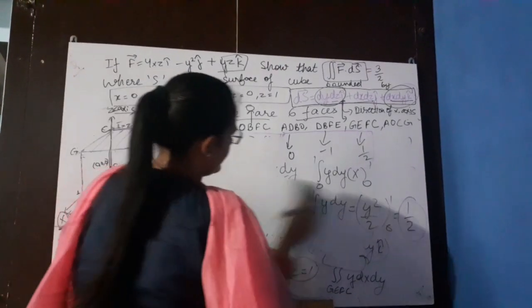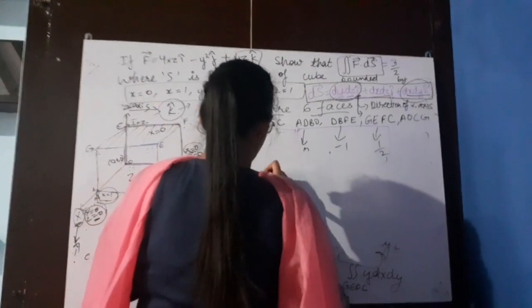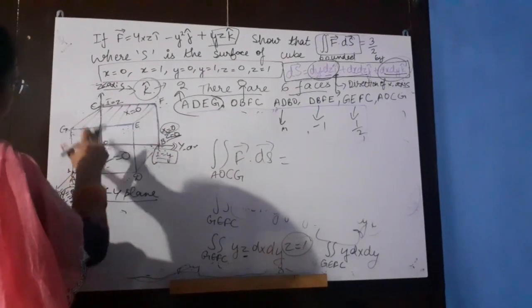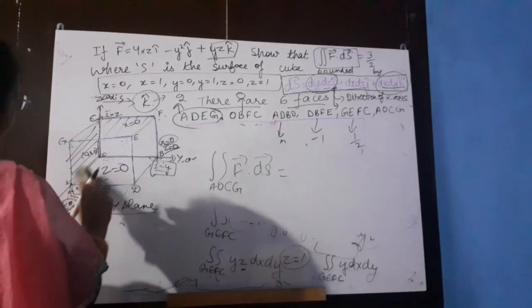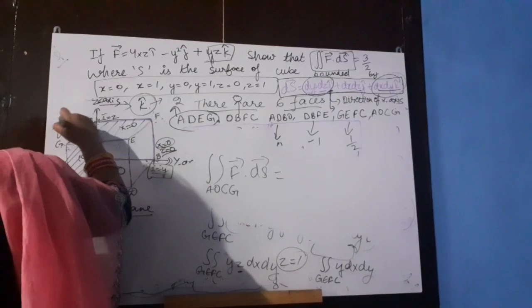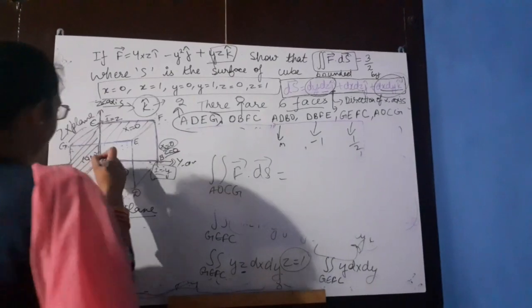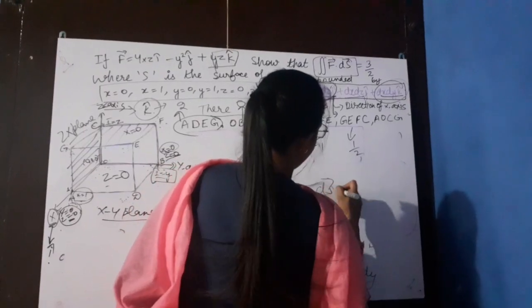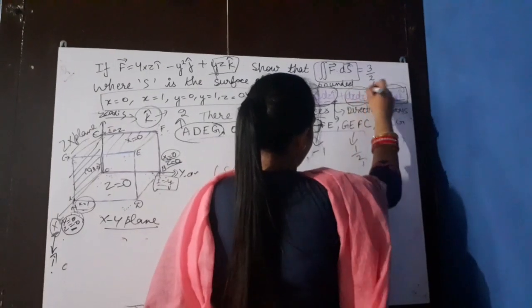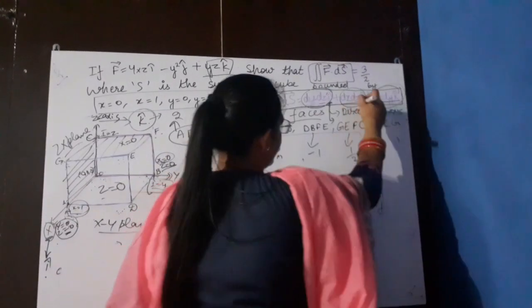The last face is AOCG. This plane is the zx plane and y is perpendicular to this. So our ds is equal to dx dz j cap, because the direction of y is given by j cap.